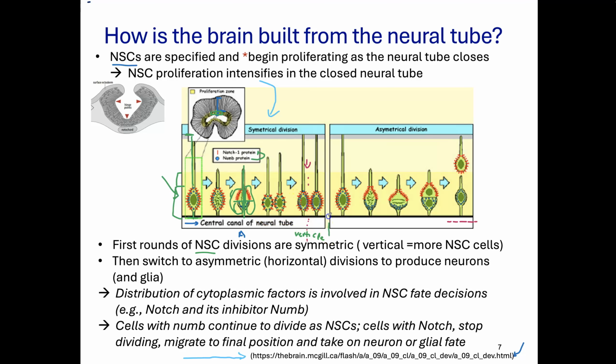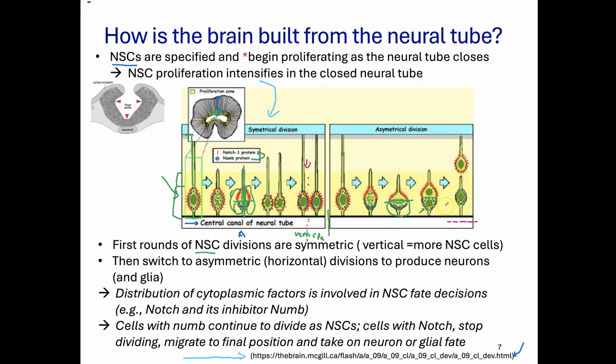At some point, there is a trigger, and now the same thing happens. The cells have their two different proteins differently distributed in the cell, but this time the plane of cell division is horizontal, and this is asymmetrical because you're going to have a cell that is more apical, and it has pretty much all the Numb.